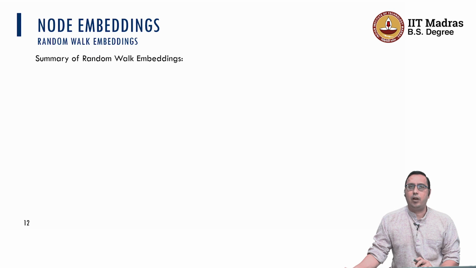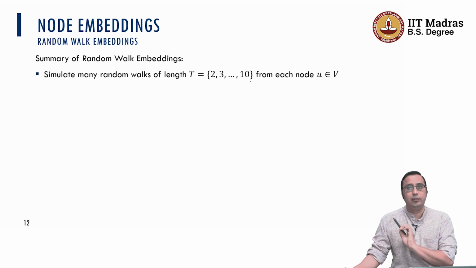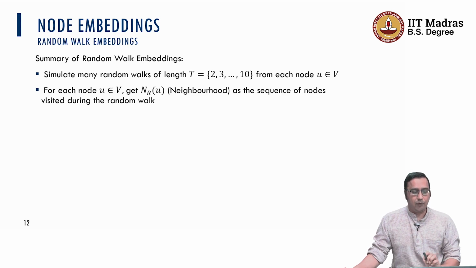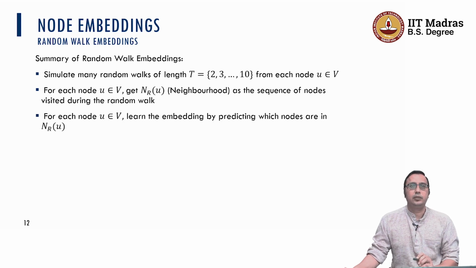Let me summarize the random walk embedding. We want to simulate many random walks of length t, 2, 3, 10, from each node u belonging to V. Once we have random walks, for each node we want to get the neighborhood set as a sequence of nodes visited during the random walk.